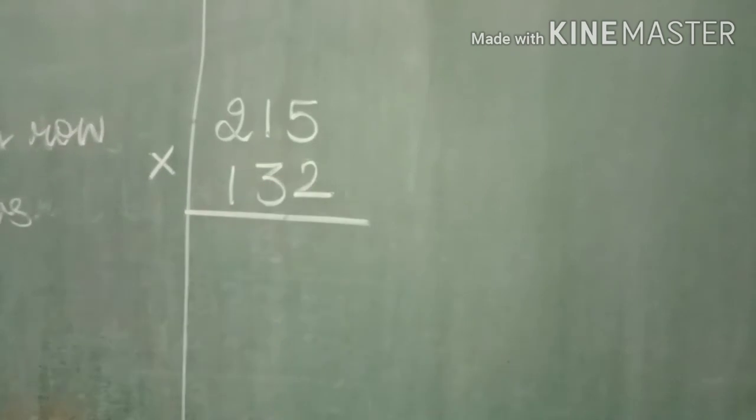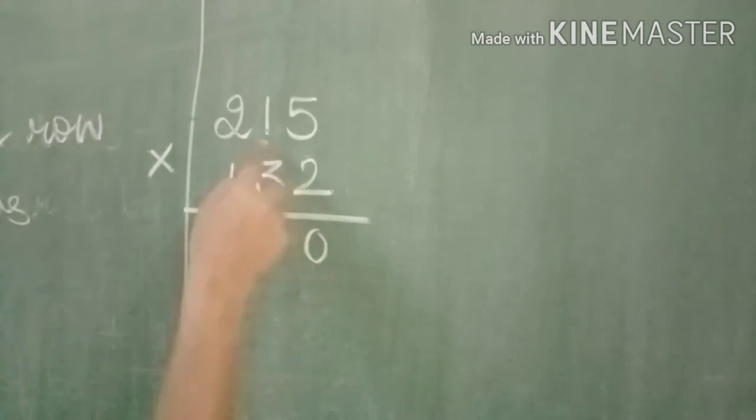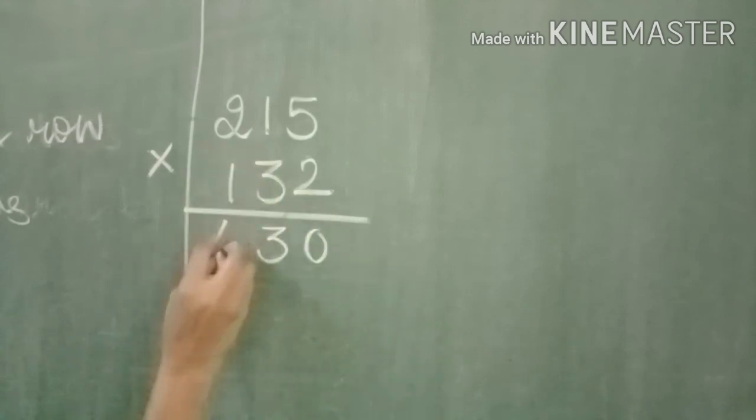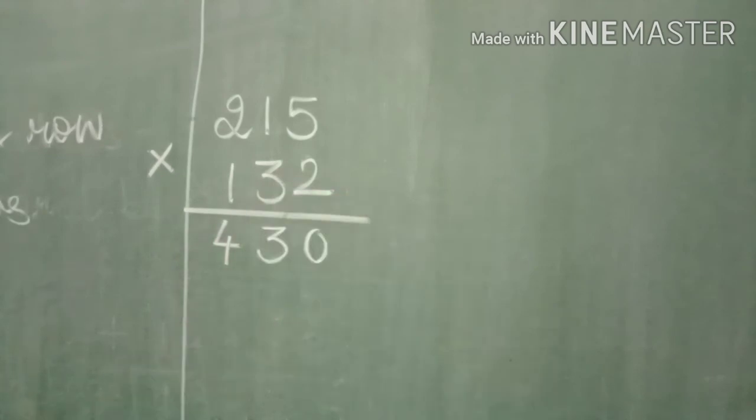So let's calculate with the units first. 2 fives are 10, 0 written down, 1 should be carried mentally. 2 ones are 2 plus 1 becomes 3, 2 twos are 4. So we have got the answer for the unit 2. The answer is 430.